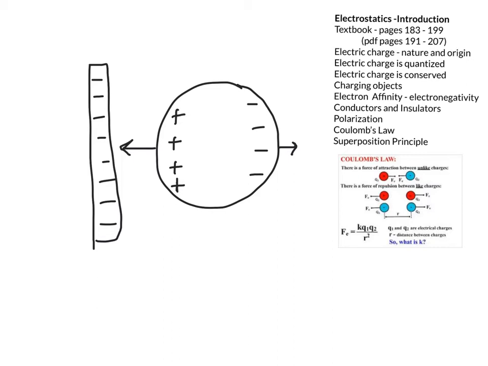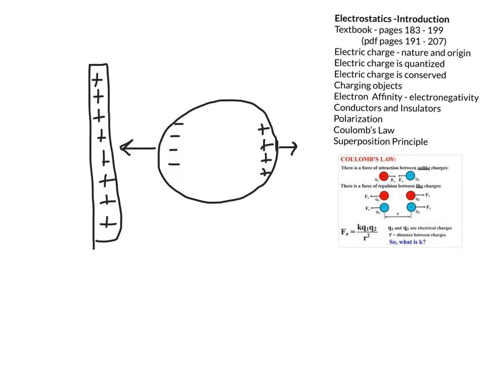And if we were to change the rod so that it were positively charged, we take the glass rod so it's positively charged, what would the difference be? Pause the video and explain to yourself. Hopefully you got it right. Now the free electrons are attracted toward the rod, so they come to the near side.